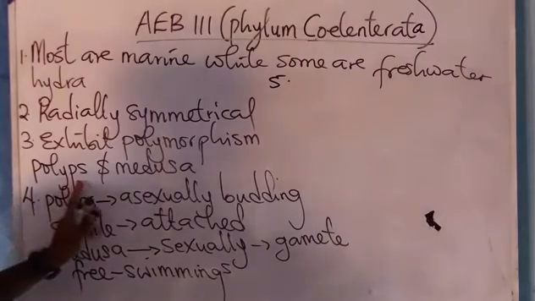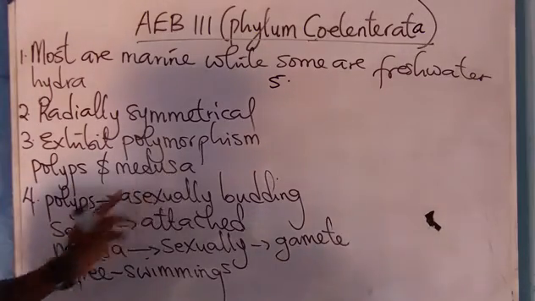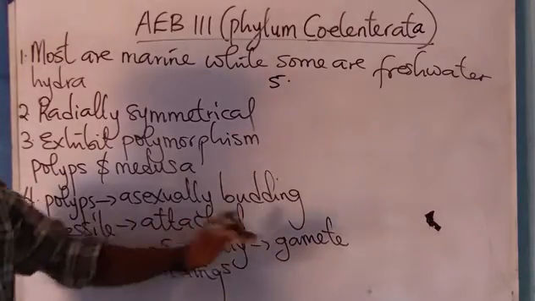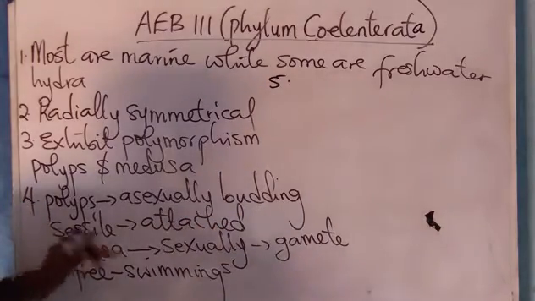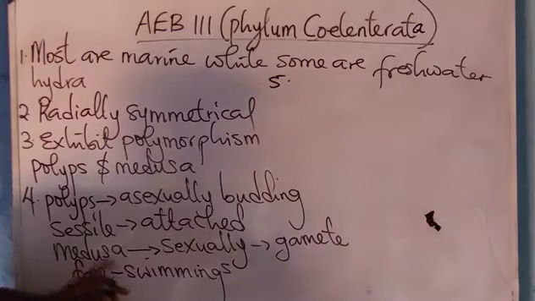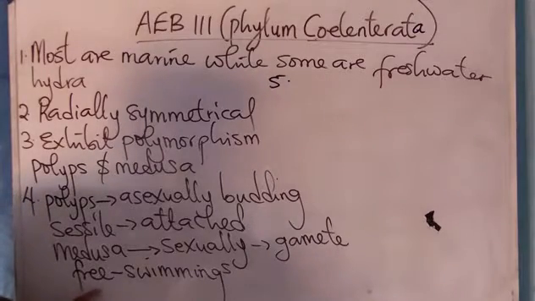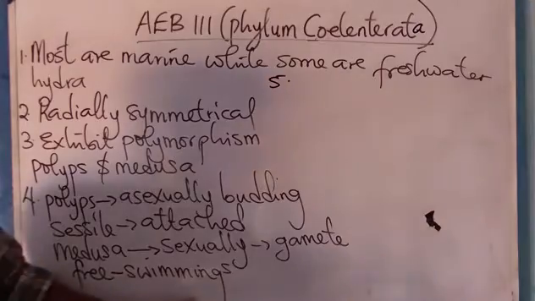We have the polypoid forms and the medusoid forms. The polypoid forms reproduce asexually through budding, while they are sessile, that is, they are attached. The medusoid forms reproduce sexually through fusion of gametes, and they have organs for swimming. They are free swimming organisms.